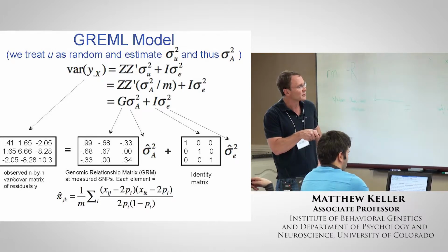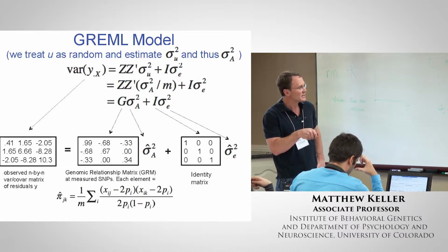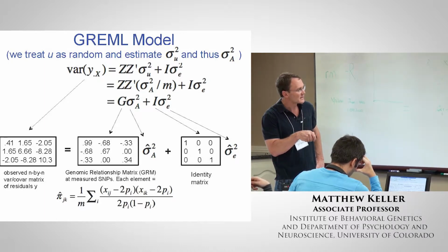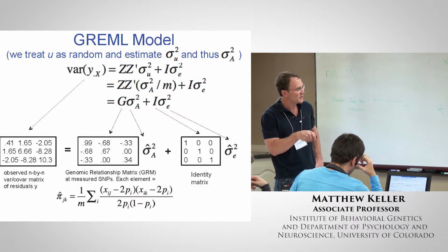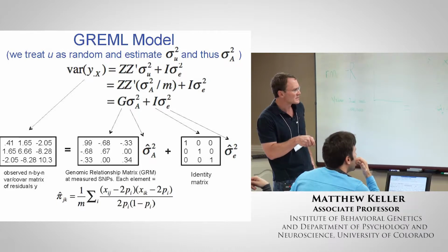This is what's called the genetic relatedness, or genomic relationship matrix. Each of those elements, where we're dividing by M because we've moved that out here, is equal to the sum of X minus 2P across SNPs.